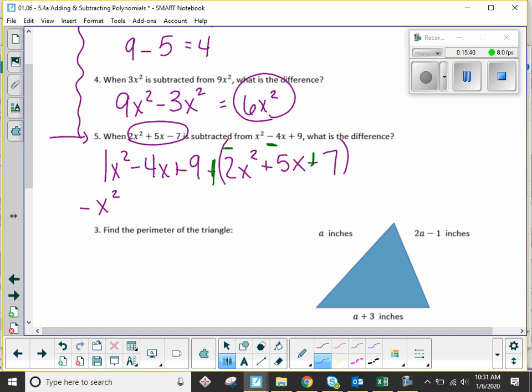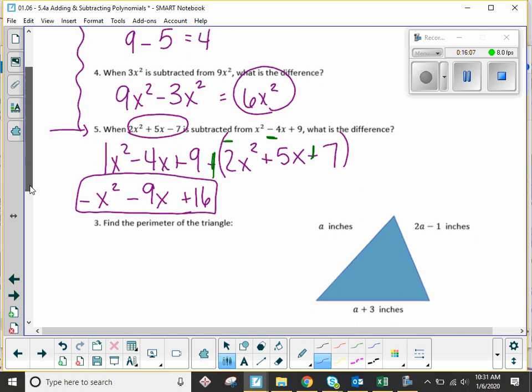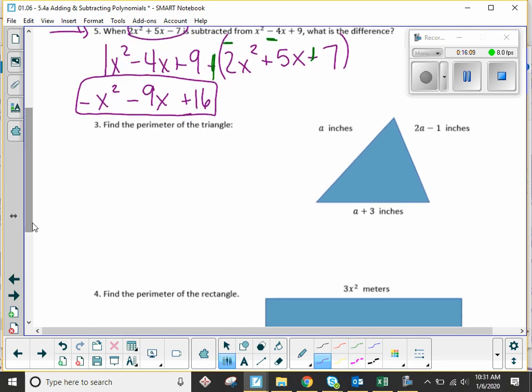We understand that it's there. How'd you get that? Which one? Yep. Negative 4x, negative 5x. And then 16, the 9 and the 7, right? We are almost done. We are done with that part.